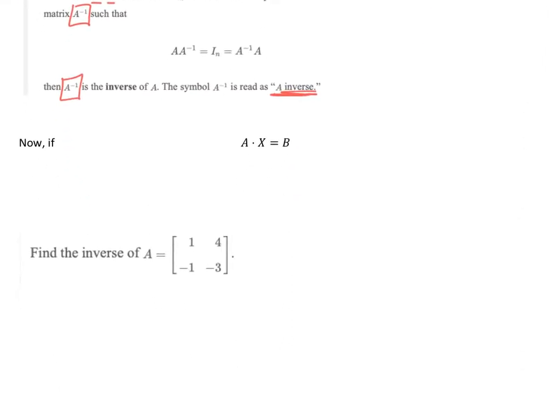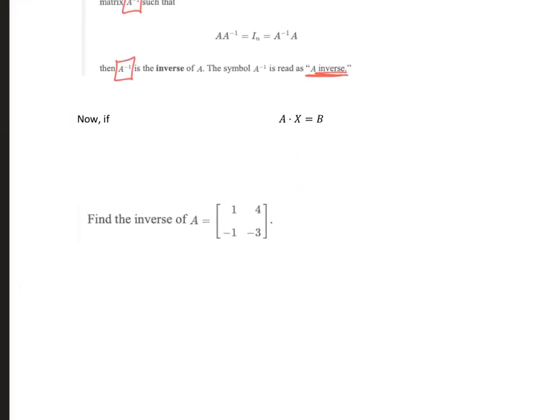So now, if we have the same equation, A times X equals B, if I multiply this equation by the inverse of A, and whatever I do on one side, I have to do on the other side, and since matrix multiplication is dependent on the order, if I multiplied the left side on the left, I have to multiply the right side on the left.